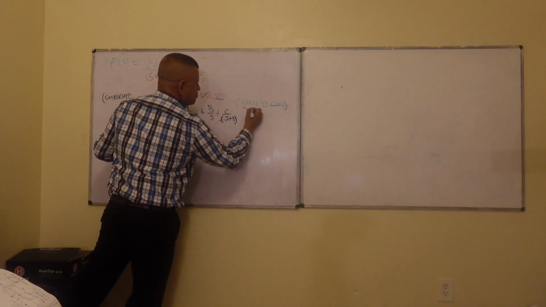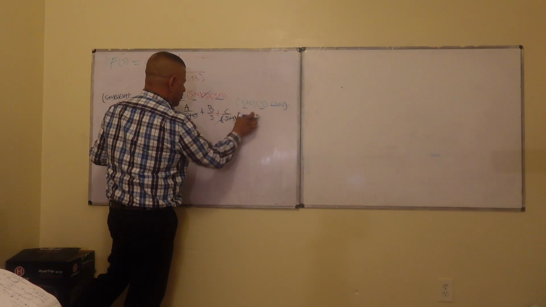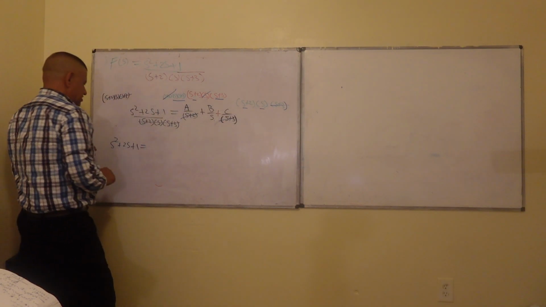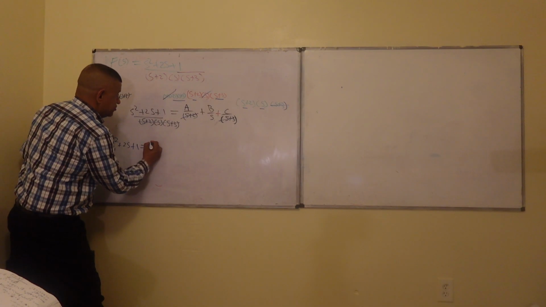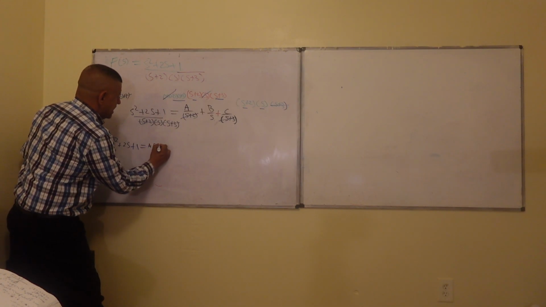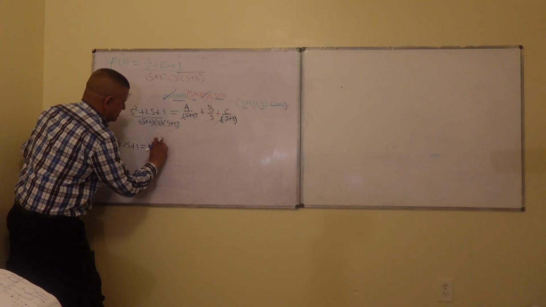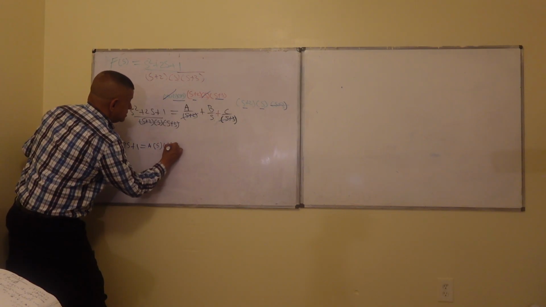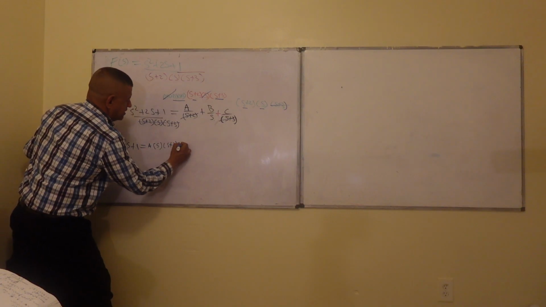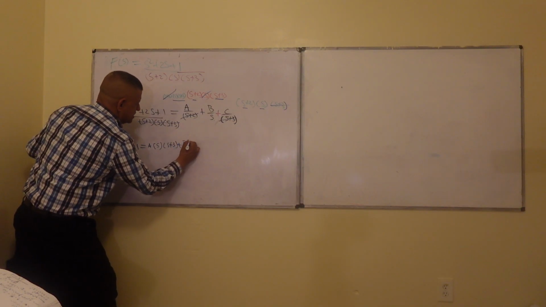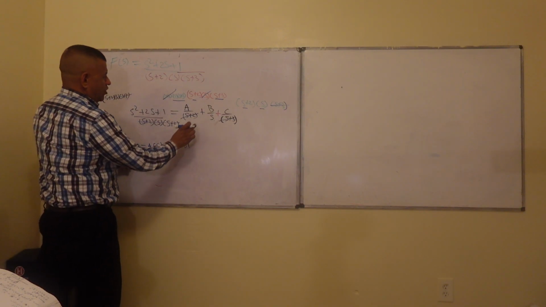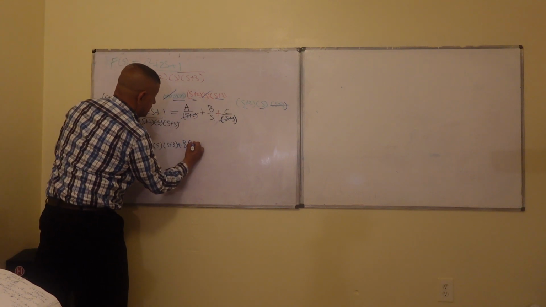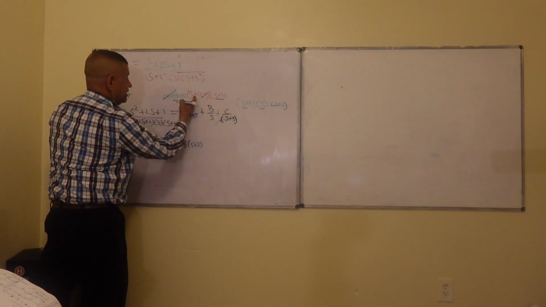And this one and this one gets multiplied with the c, right? So let's do this. So a times s times s plus 3, plus b times s plus 2, right?